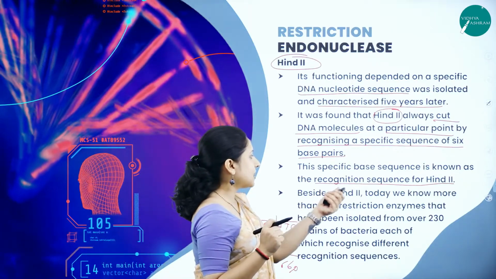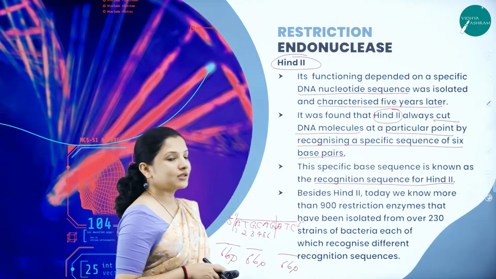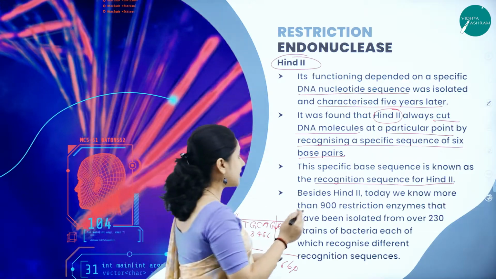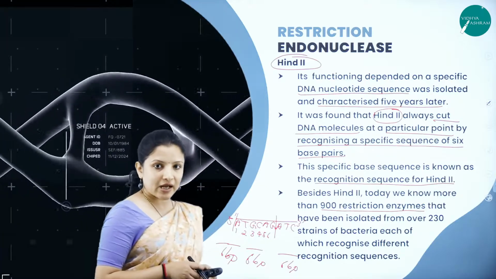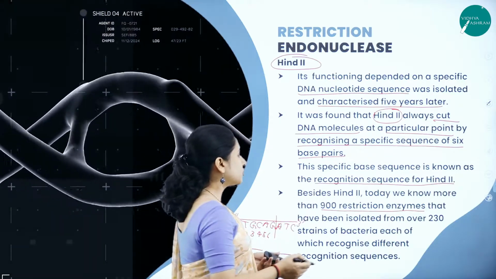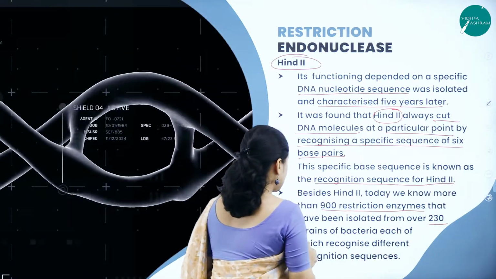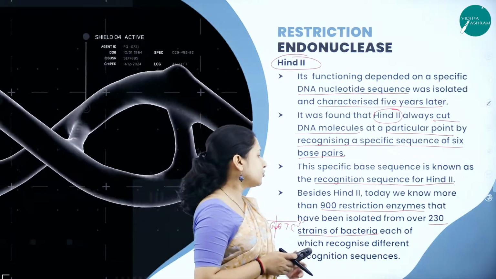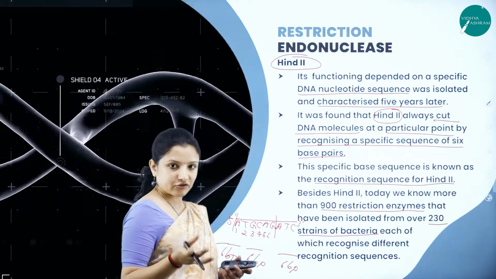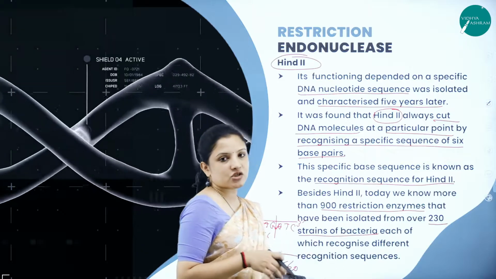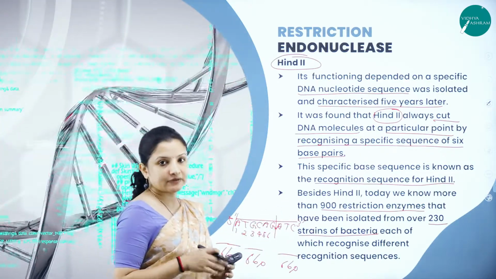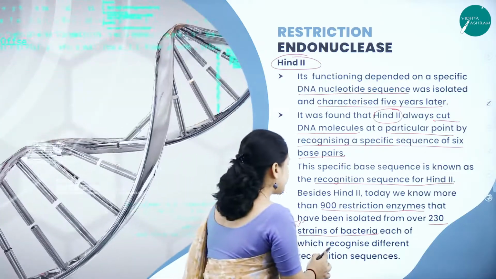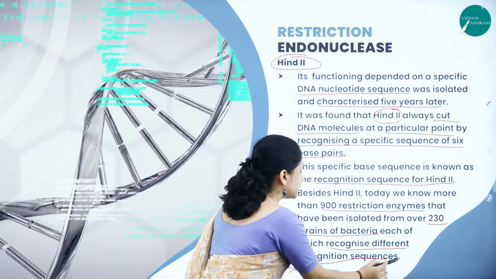Apart from HindII, today we know of more than 900 restriction enzymes that have been isolated from over 230 strains of bacteria, and each of these has the capability of recognizing different recognition sequences.